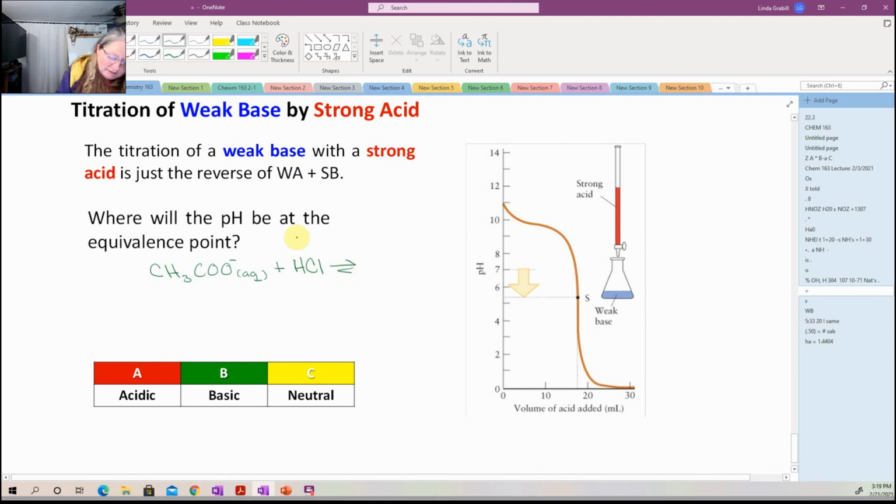I'm going to protonate my conjugate base, and I'm going to get my weak acid out, CH3COOH, plus water. So what that tells me is that I'm going to have a weak acid in the solution after I'm done titrating it, after I have my equivalence of my strong acid and my weak base. So I'm going to have a lower pH. And here we go. Here is my equivalence point right here. So I am going to have a lower pH, which means that my solution is going to be acidic.